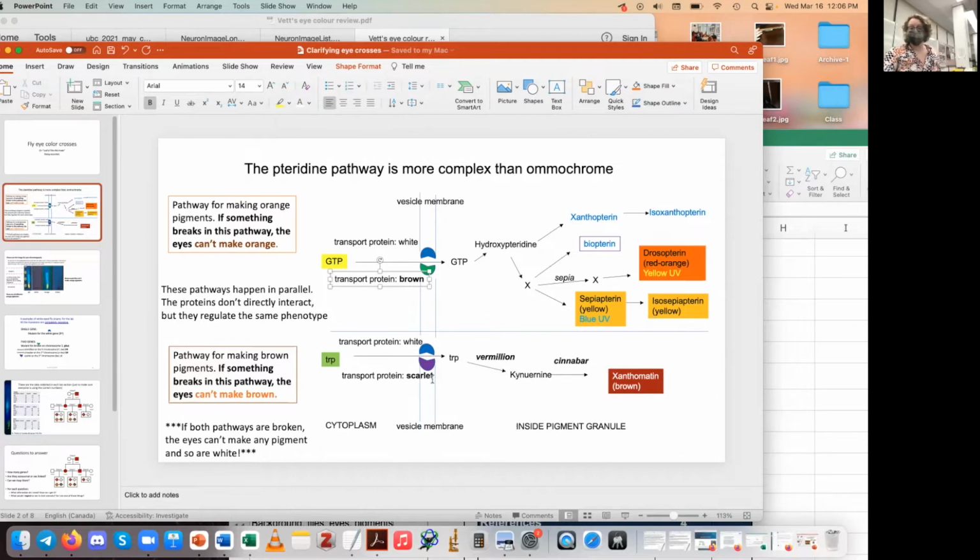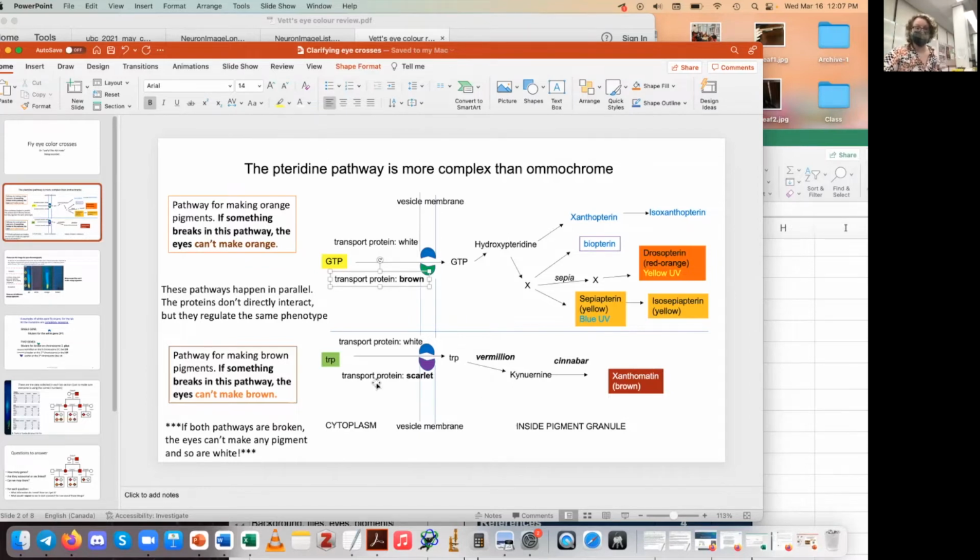And that's an important thing to keep in mind. These 3 genes, scarlet, vermilion, and cinnabar, are in a linear pathway together. So if one of them breaks, the whole system doesn't work. And if 2 of them break, the whole system doesn't work. And it doesn't matter which one breaks, it'll all look the same. You'll have orange eyes, you won't be able to make brown.